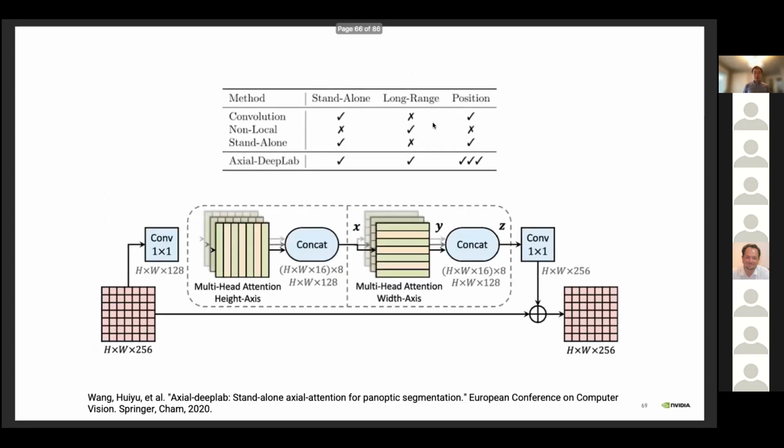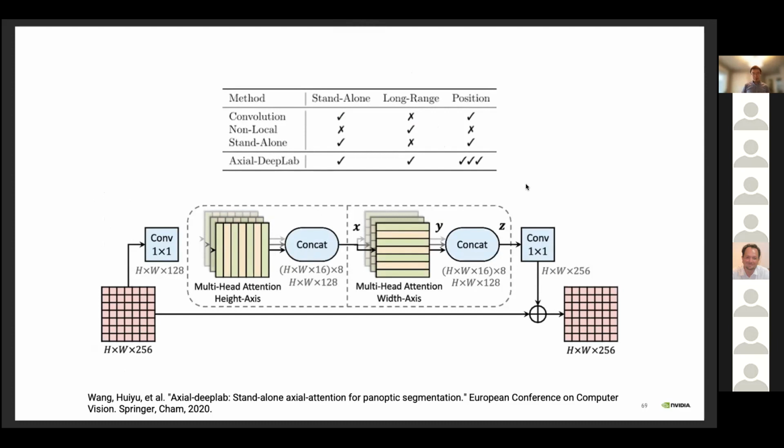Okay. So here's an axial attention network module. As we all know, computing the attention within the entire image domain could be very expensive, especially for 2D or 3D images.